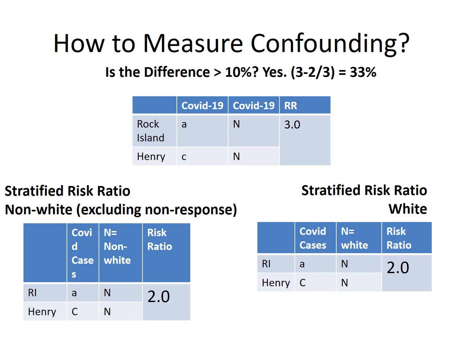So I'm just giving a simple example where after stratifying for ethnicity, you have a difference between the original 3 and the final 2. And so here we would say our adjusted risk ratio is 2 after controlling for ethnicity. And we can say that there's confounding because by that rule of 10%, the original 3 goes down to 2. That's a change of 33% in the risk ratio.